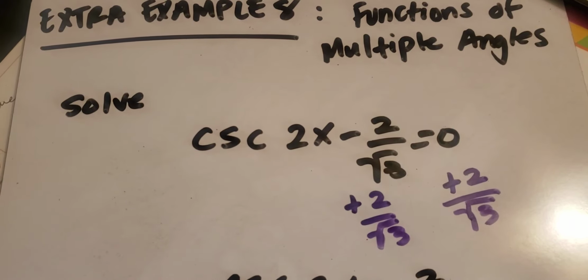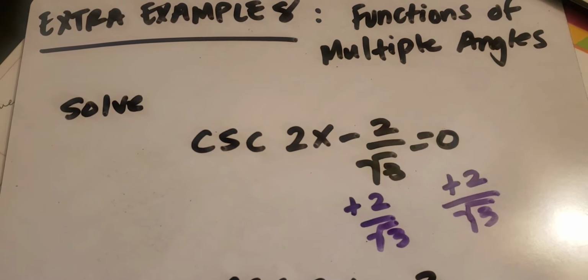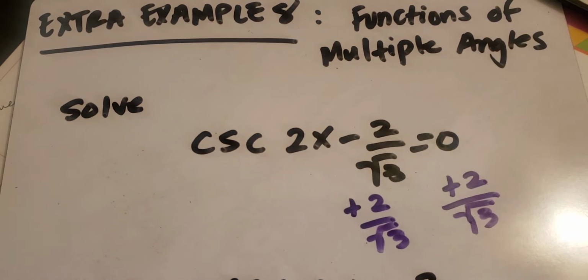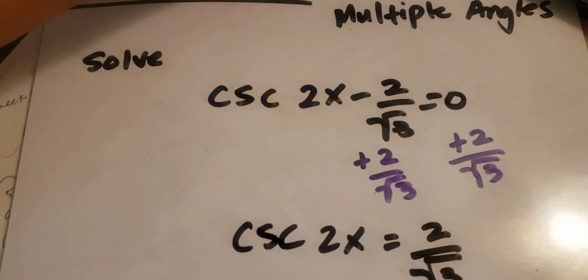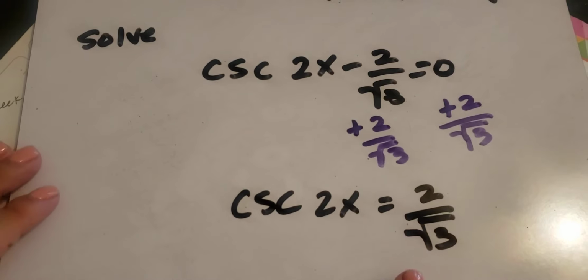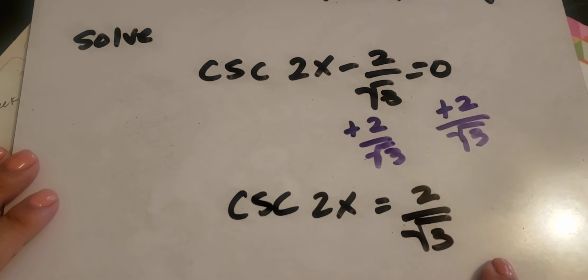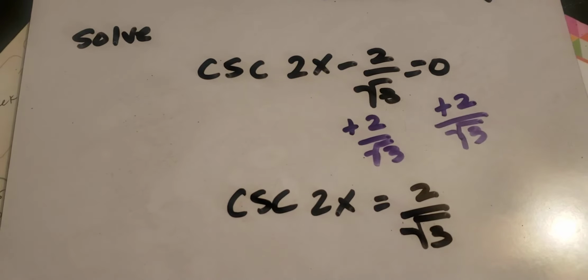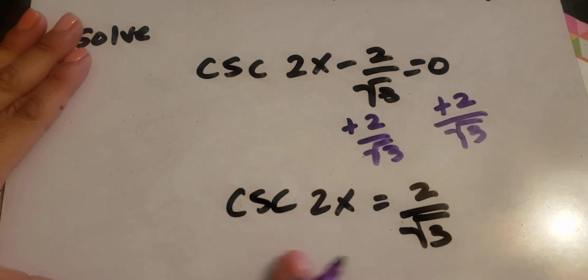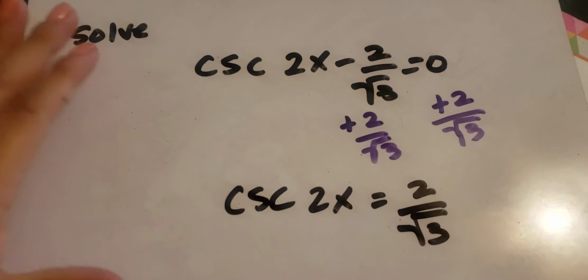Basically, in the past we've done x equals whatever we have here, but this time it's 2 radical 3. A couple of things you should know: we did isolate our trig function, so technically we're done. All we had to do is add.